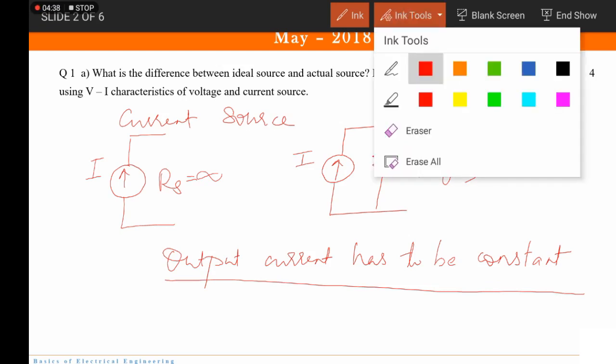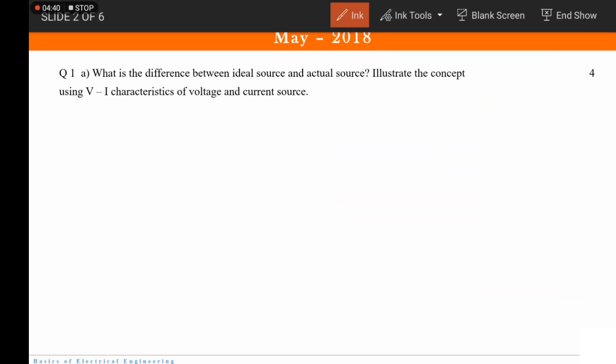So if I wish to draw the characteristics, suppose this is V, it has to be constant. This can be I, or the x-axis can be t, but it has to be constant.